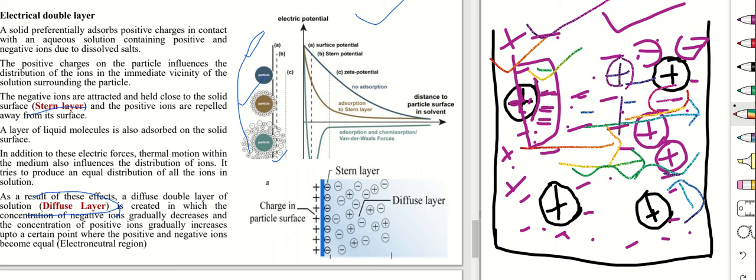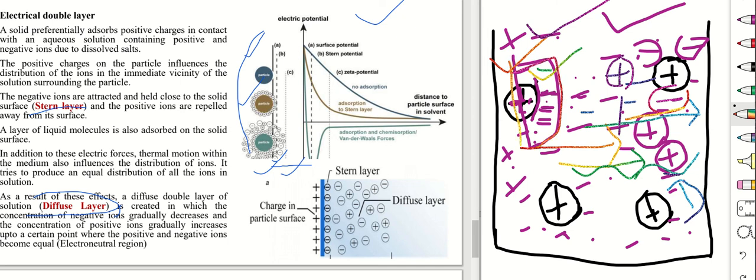Now let's consider this graphically. When we look at the same phenomenon graphically, the particle surface having positive charge adsorbs negatively charged ions, just like what we have seen here.